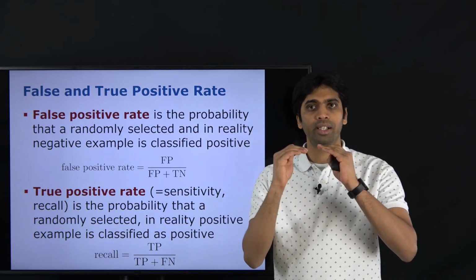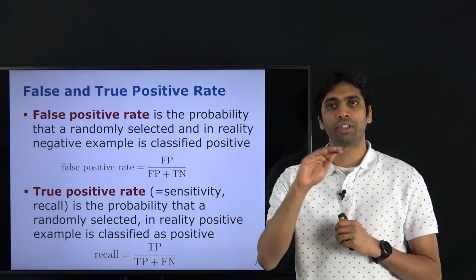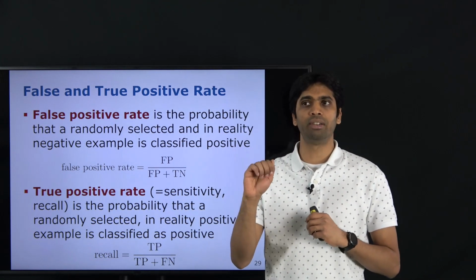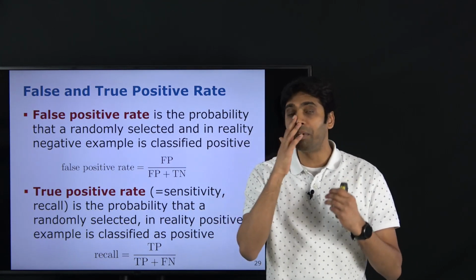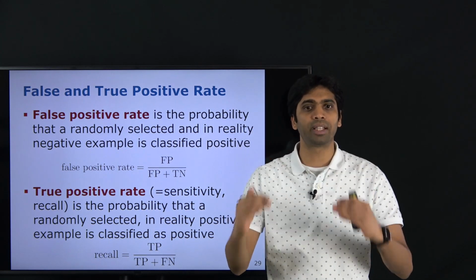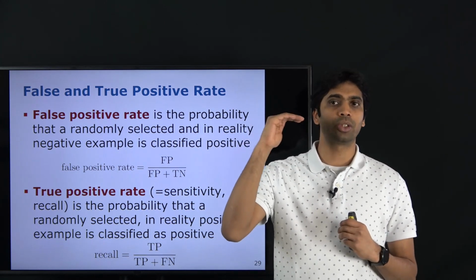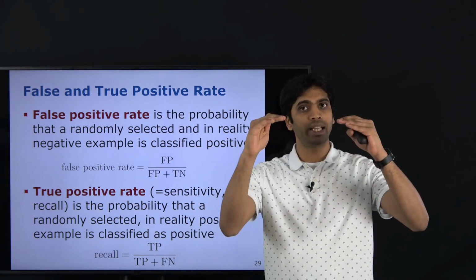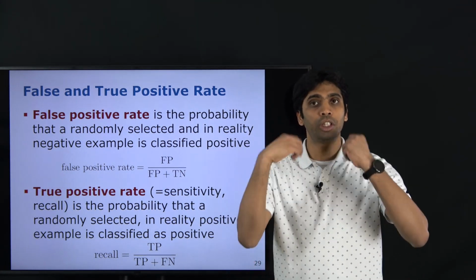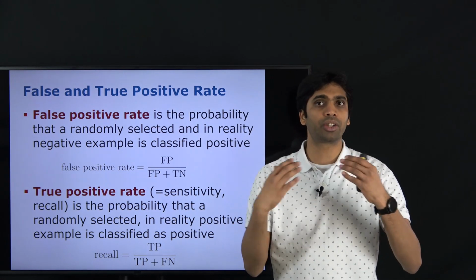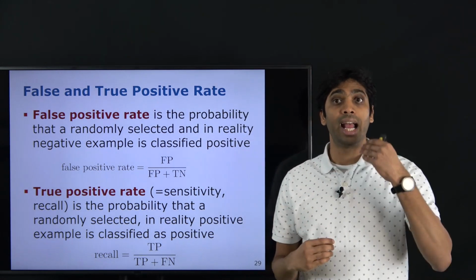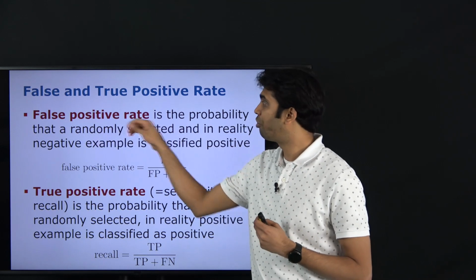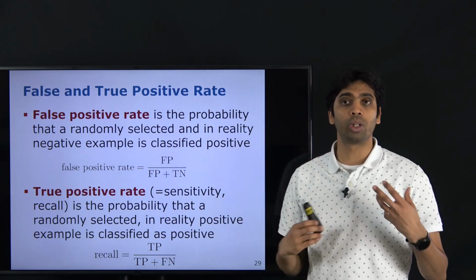However, the threshold that we set for this determination is something that you can change. You could set this to, let's say, 0.4, 0.5, 0.6, and so on. And by changing this threshold, the false positives, the true positives, etc., also all change. And this means that the metrics of false positive rate and true positive rate also change.